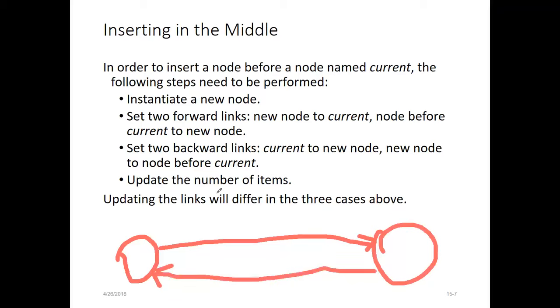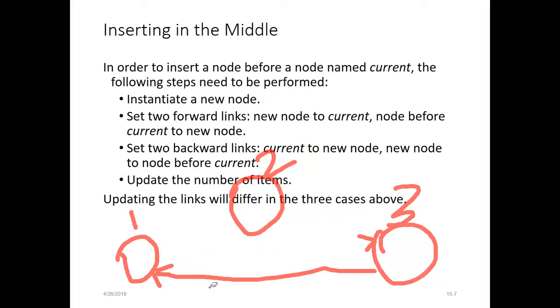Now if I want to add another node in the middle of these two, this is my node 1, this is my node 3, and if I want to add my node 2 over here, then what do I need to do? I need to delete this link.